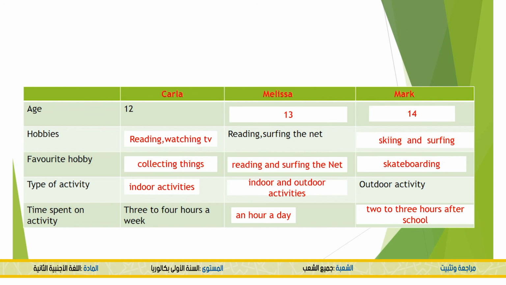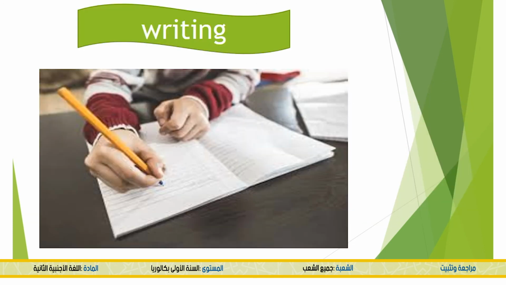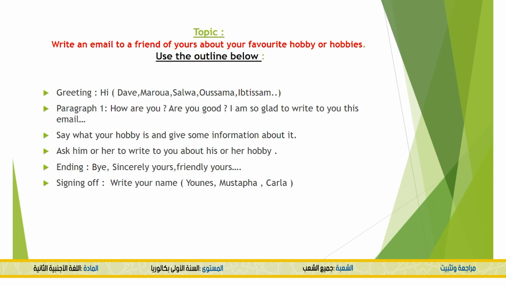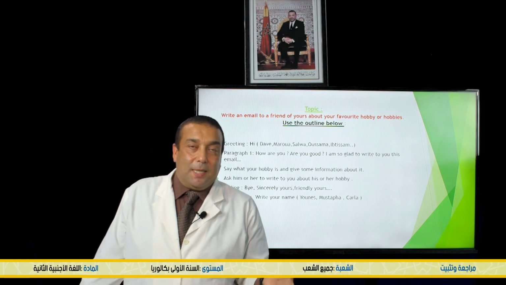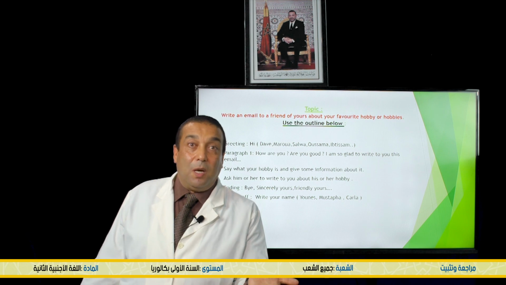Can we move to another activity? When we read, sometimes we need to write. Yes, writing. We're going to do writing. What I want you guys to do, I want you to write an email to a friend of yours about your favorite hobby or hobbies. I guess that you all have favorite hobbies.